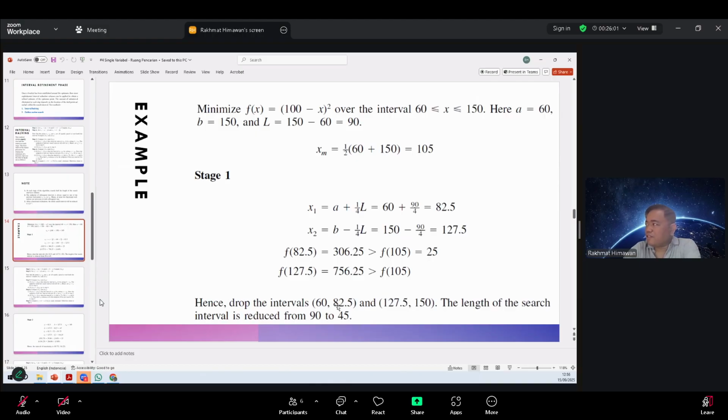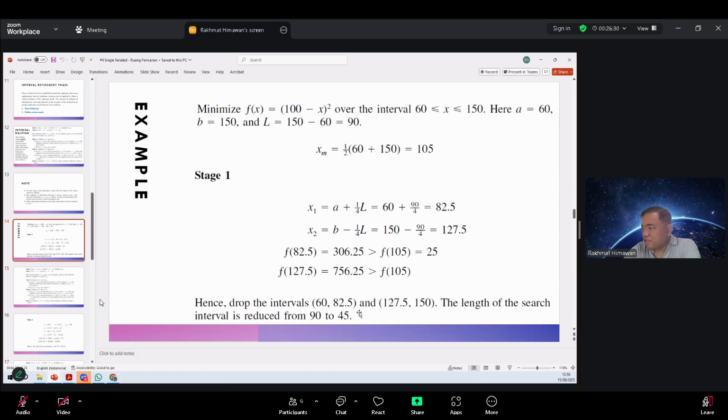Now the new A is not 60 anymore, but 82.5. The new B is not 150, but 127.5. So the interval is between 82.5 and 127.5.